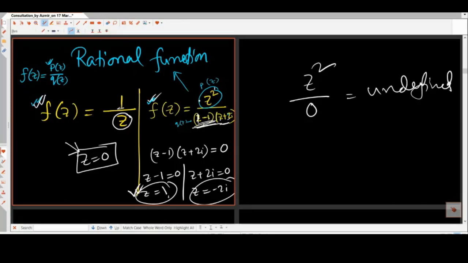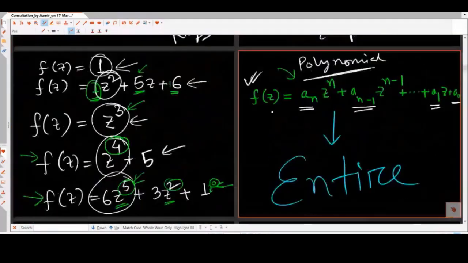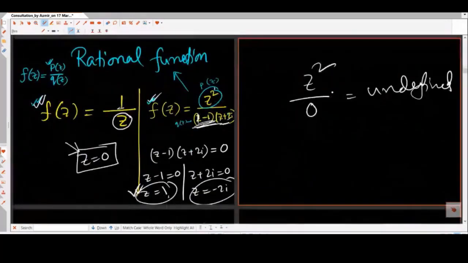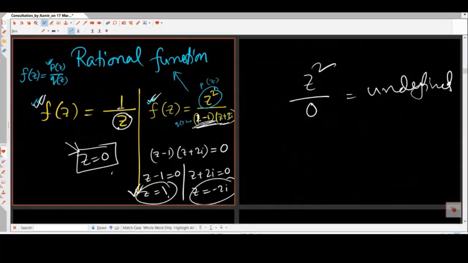We have mentioned earlier that for a polynomial function f(z), this type of function is entire. That means all polynomial functions are analytic in the complex plane, but all rational functions have some points where the function is undefined.